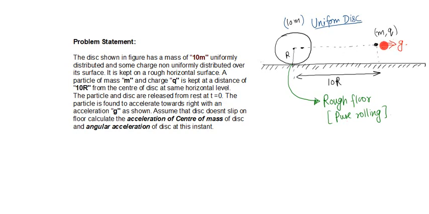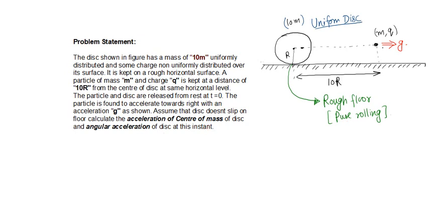As you can see in this figure, the particle is moving towards the right, and the double arrow represents the acceleration vector of the particle, which is g in the rightward direction. Assume that the disk does not slip on the floor, because the floor is rough and the disk will roll. Assuming that, we have to calculate the acceleration of the center of mass of the disk and the angular acceleration of the disk at this instant.